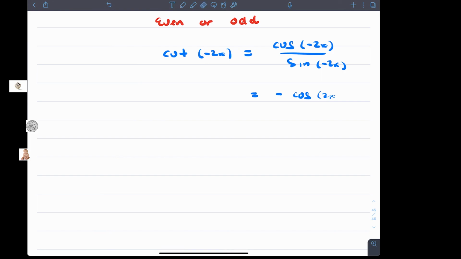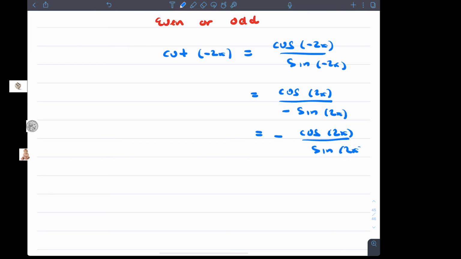Let me be careful. Cosine is even, so that means this is cosine 2x. Sine is odd, so it's minus sine 2x. So then this is a minus cosine 2x over sine 2x, minus cotangent of 2x.